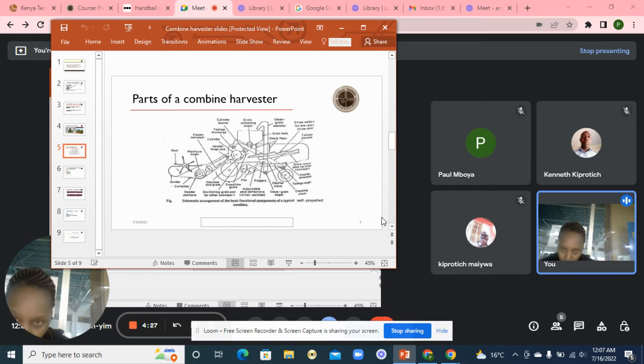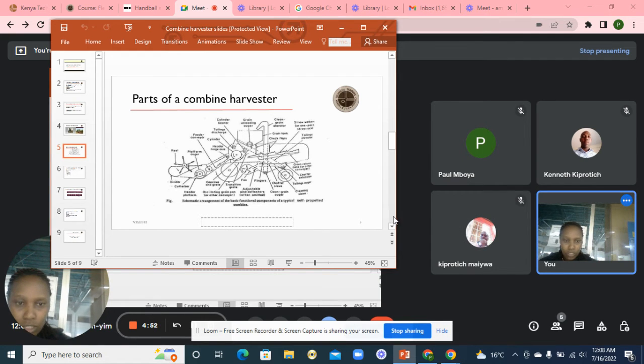Those are the main parts of a combine harvester. We have the reel, the header, the feed conveyor, the cylinder, and what? The straw walker, and we have the fan and the sieve down there. You are seeing the sieve? Yeah, so those are the parts of a combine harvester.